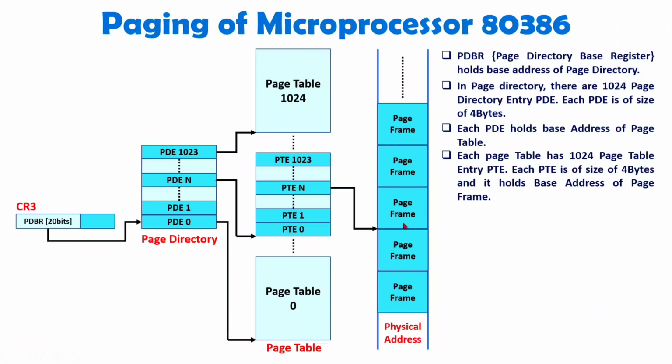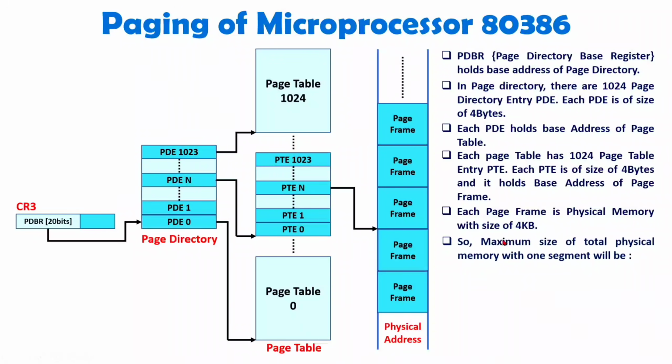Now my dear students, you should know the size of a page frame. The size of a page frame is 4 KB, right? So the physical memory with a page frame is of 4 KB. Now let us try to understand how much maximum total physical size is possible over here. When we talk about one segment, let us consider we have one page frame with a size of 4 KB. Now how many page table entries are there in a single table? 1024.